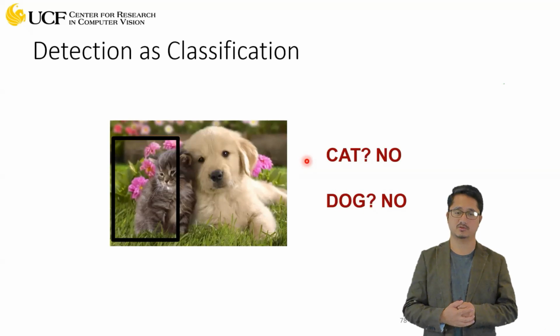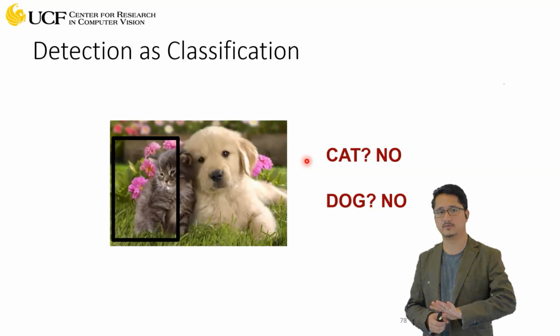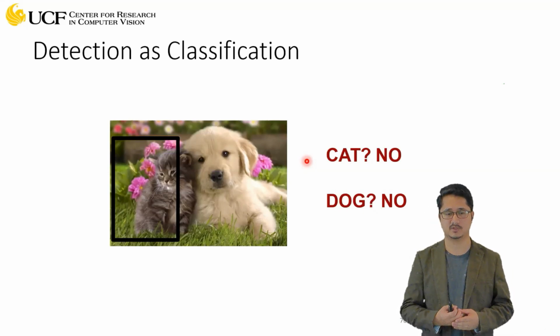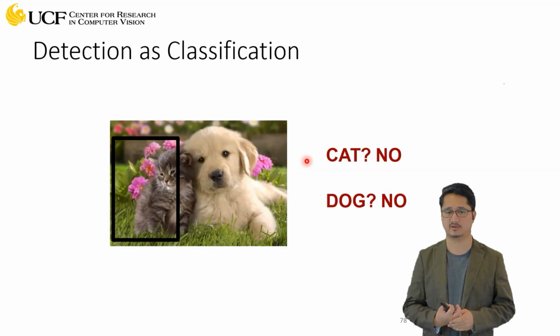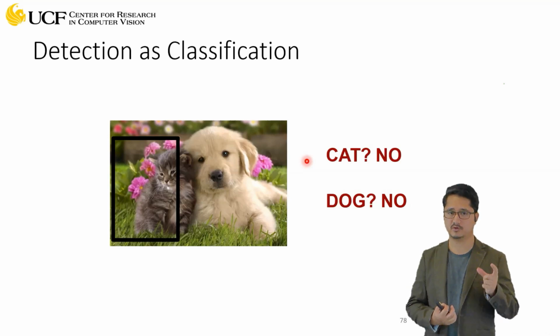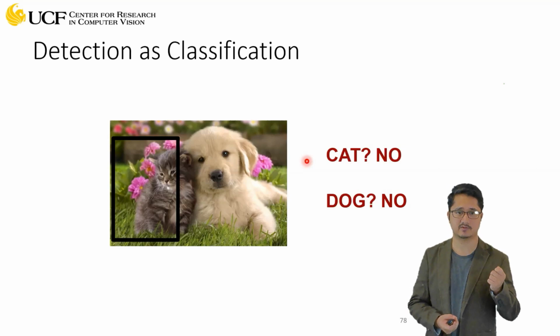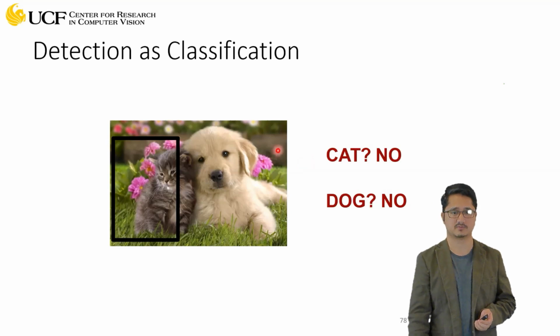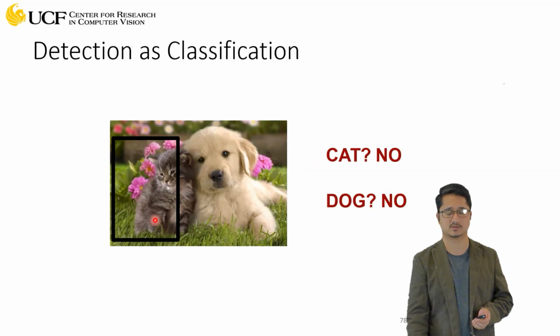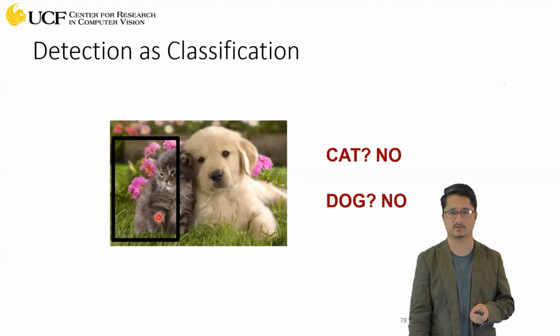One simple solution to this problem could be, again, if you go back to what we discussed earlier, sliding window was a very interesting approach, right? And we can try to solve the detection problem as a classification problem. And that's exactly what we saw when we were trying to do sliding window. The idea here is you take a bounding box and you say, okay, if any particular object category is present or not.